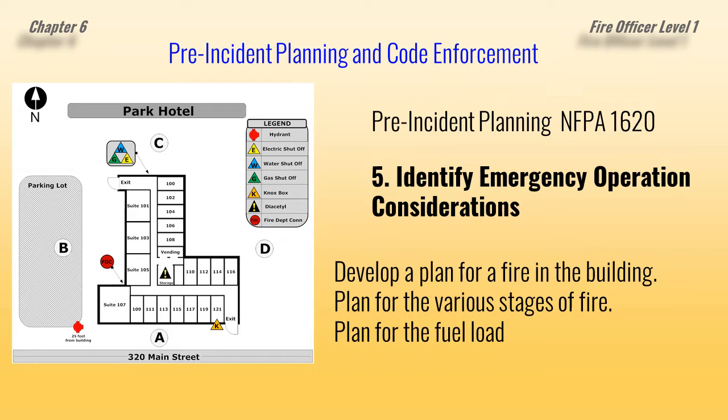Now, why is this important? Because with some multi-level hotels, or even large apartment buildings, we may have 2 or 3 standpipes located in different stairwells in the building. If we know, in relation to the standpipe, where the room in question is, we can better deploy our forces to that stairwell and hook up to that standpipe and have a much shorter hose stretch to get to the room.